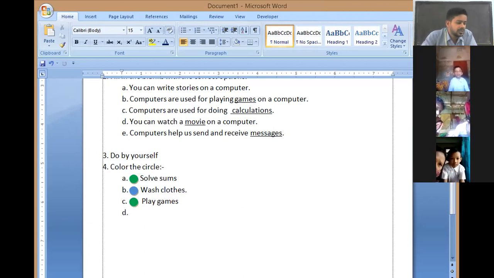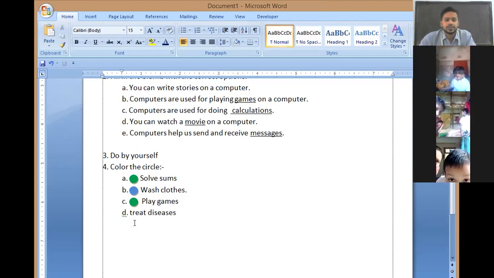What do you have in D? Treat diseases. D-I-S-E-A-S-E-S. Treat diseases. With the use of a computer, can we treat disease?